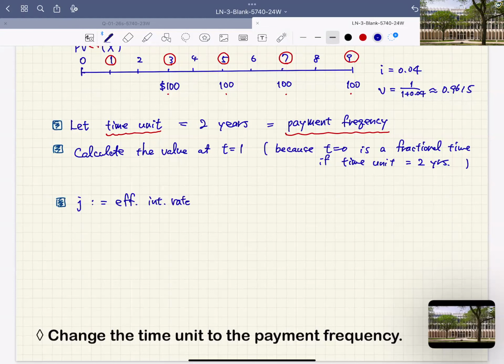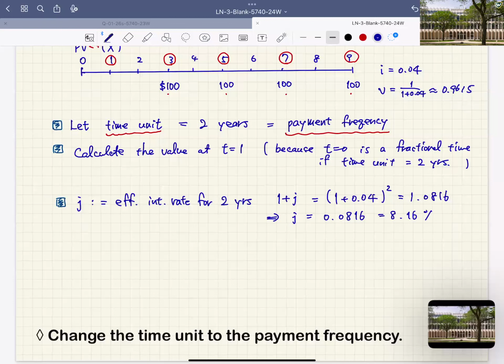We have 4% interest annually, so 1 plus j, the principal plus interest, should be 1.04 squared, since 4% interest compounds for 2 years. 1.04 squared is 1.0816, so j is equal to 0.0816, or 8.16%.